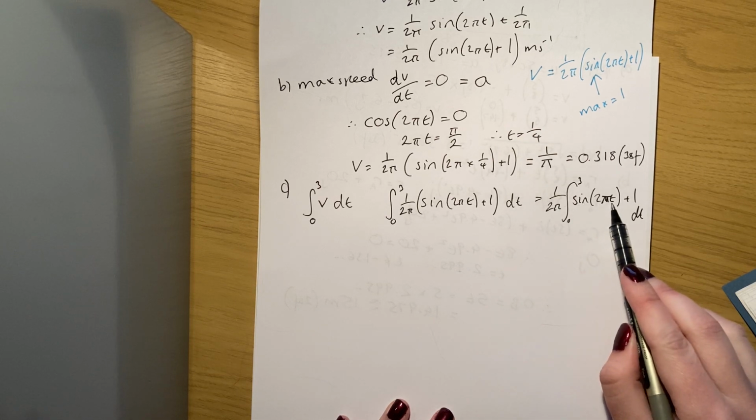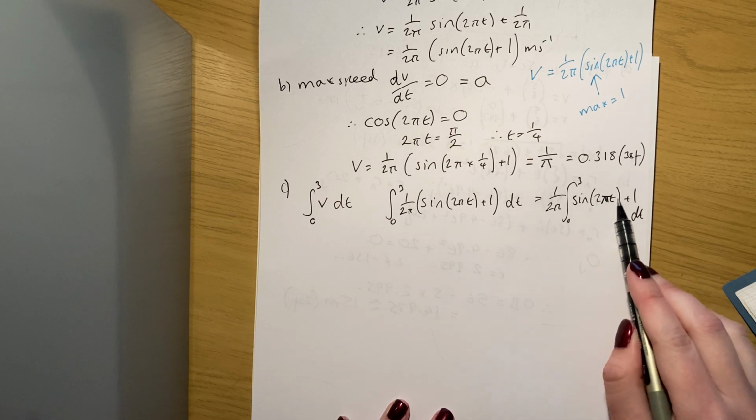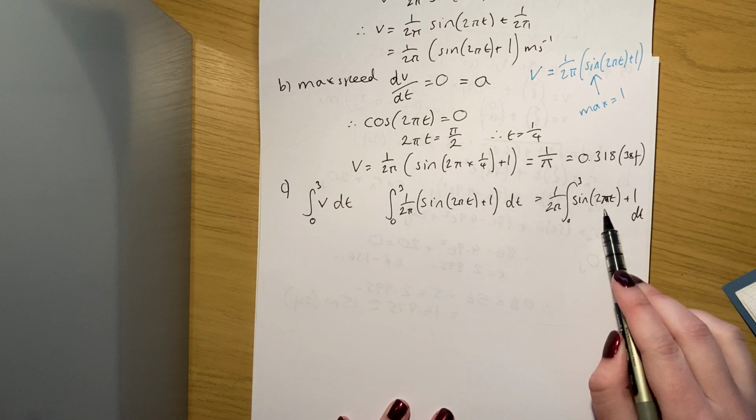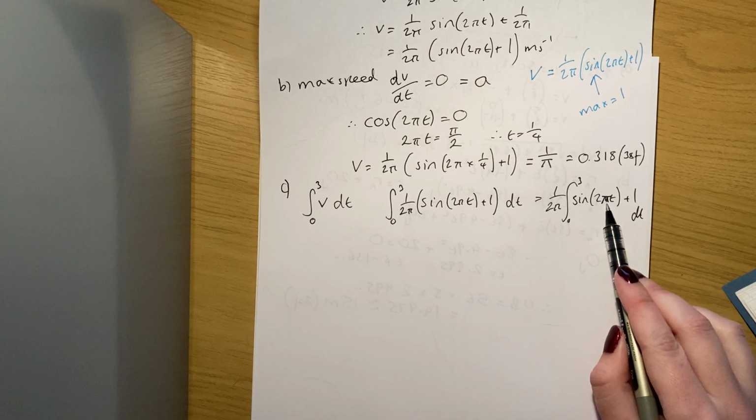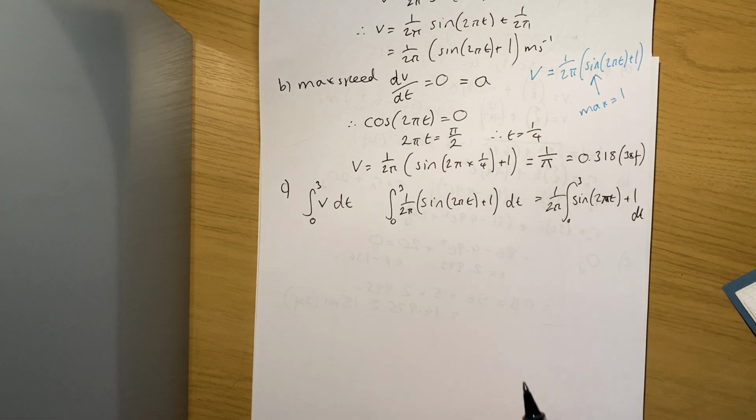Sine of 2 pi x, or any coefficient of x inside our function, is not going to impact our y values. No matter how it's stretched or enlarged horizontally, it's not going to change vertically. But then it's had plus 1.